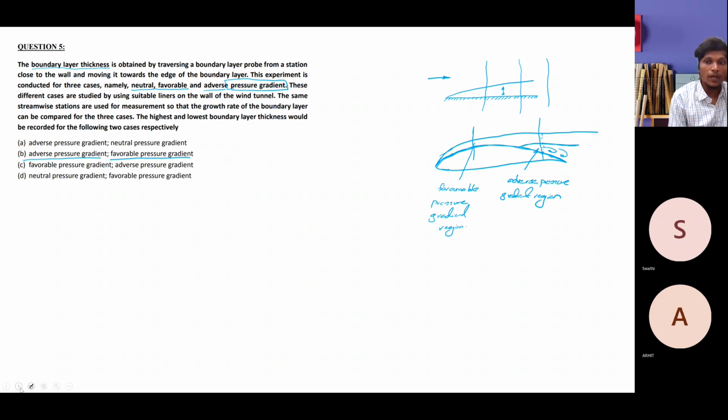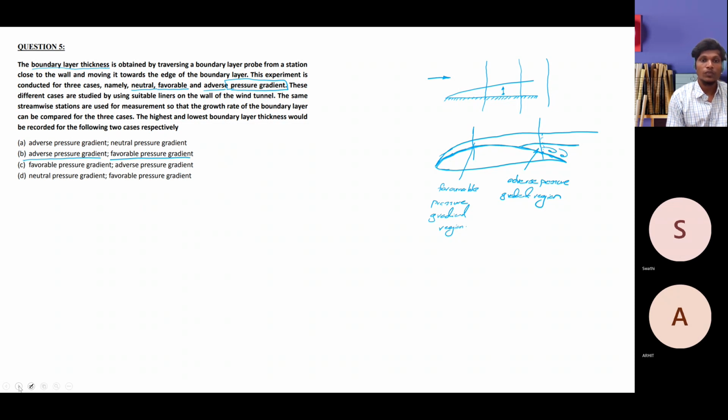Compared to studying this theoretically, practical measurements are really time-consuming, but it is very meaningful if you have the practical data for understanding the entire physics of adverse pressure gradient or favorable pressure gradient and these kind of questions.